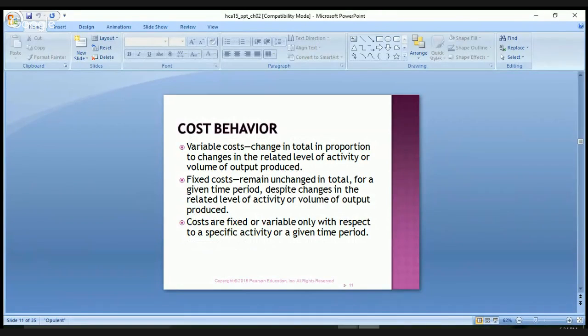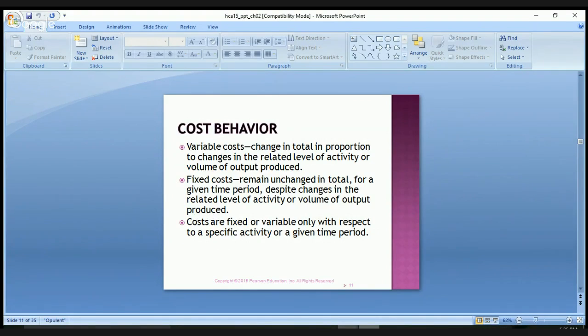You can have indirect costs that are fixed and indirect costs that are variable. Now, what is the difference? Variable costs change in total in proportion to changes in the related level of activity or volume of output produced. So basically, the cost is determined by the number of items I produce.